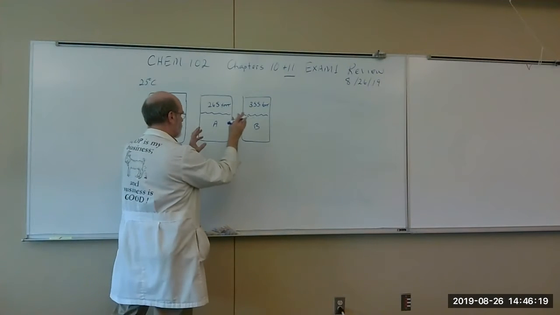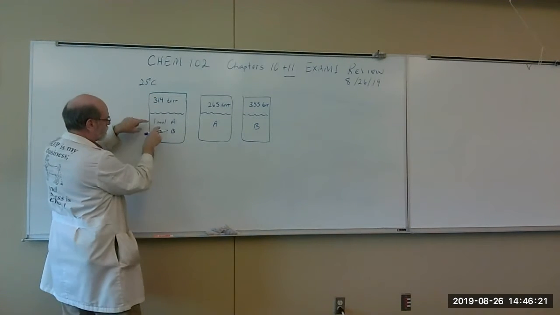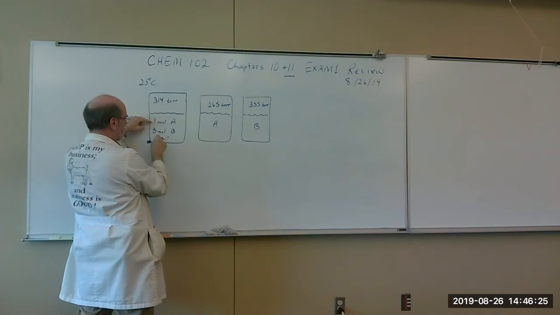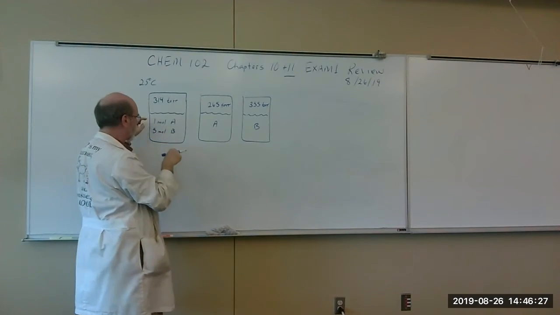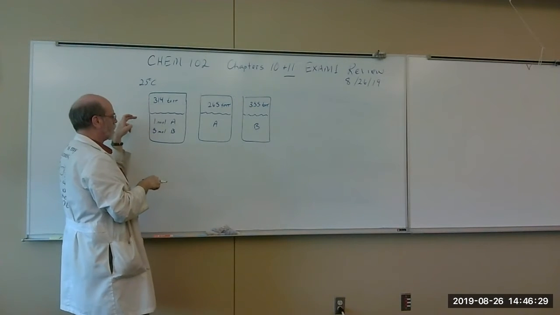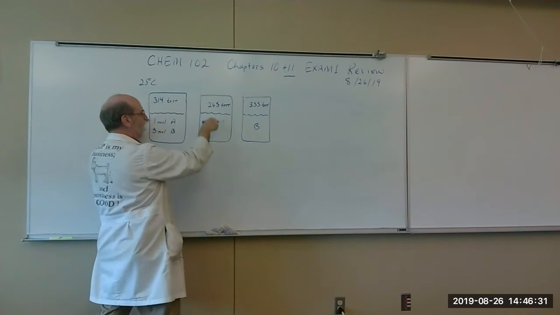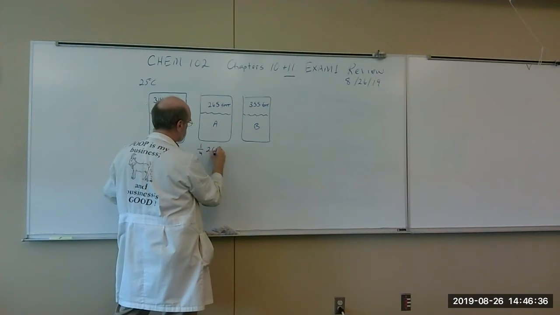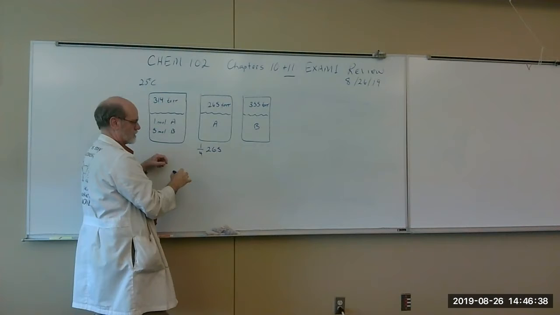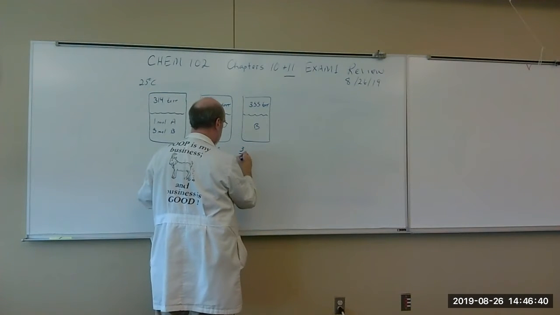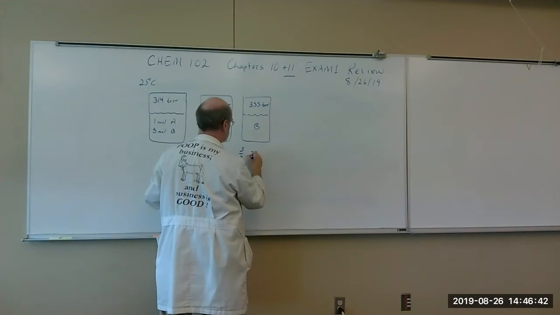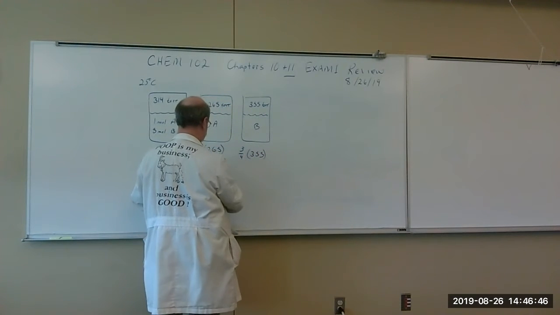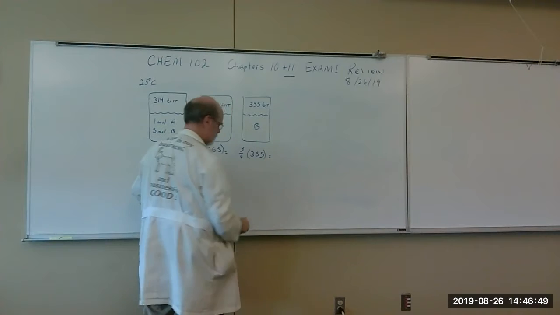So if that's pure A and that's pure B, and this one is 1/4 A and 3/4 B, then the contribution to this total should be 1/4 of A, right? So we have 1/4 of A as contribution and 3/4 of B, right? Let me see what that is.